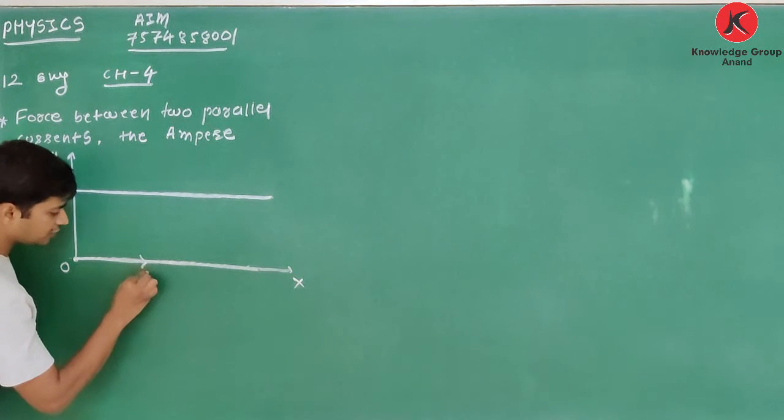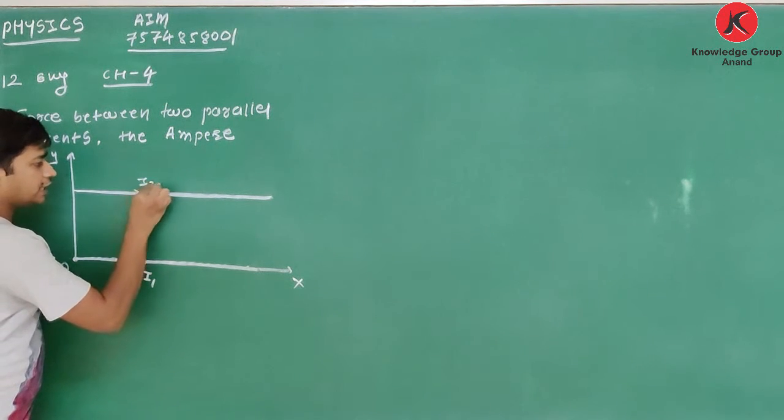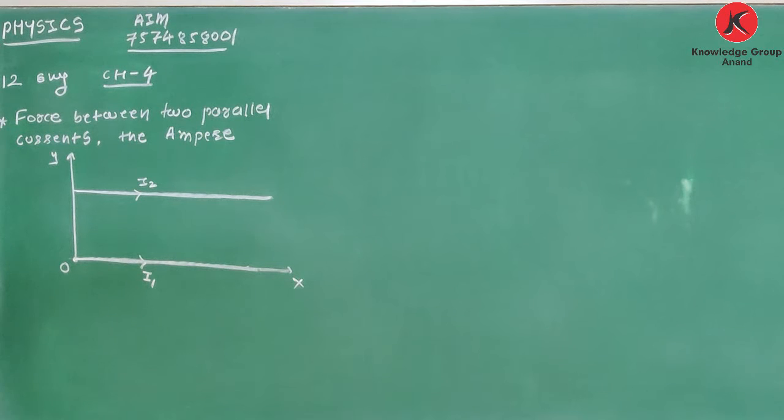Let the current flowing in this wire be I1 and in this one I2, in the same direction.